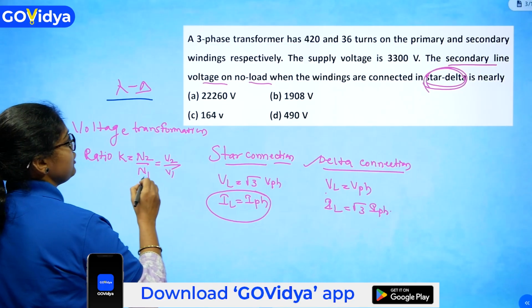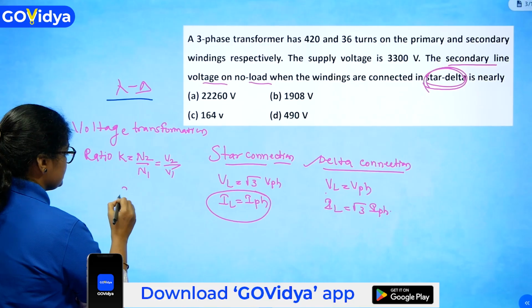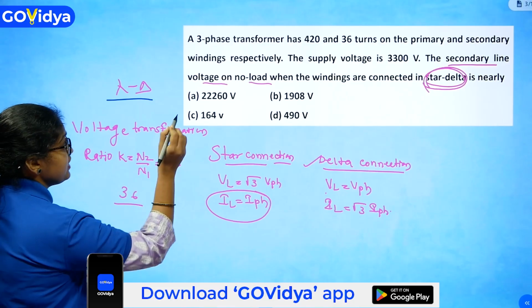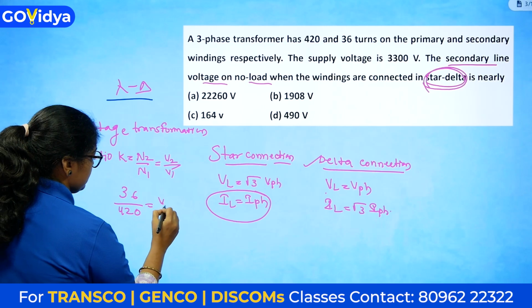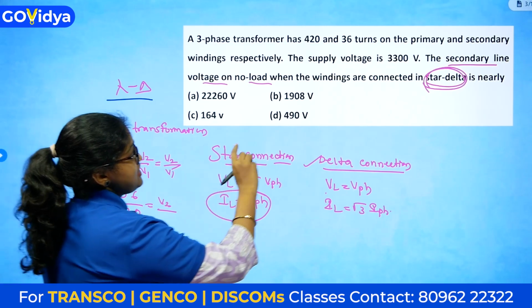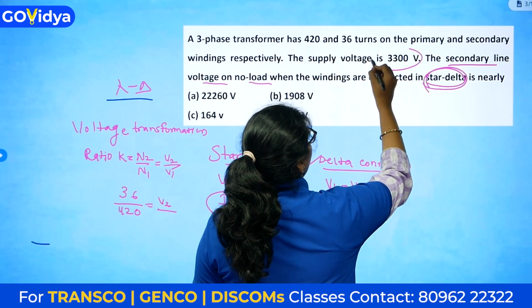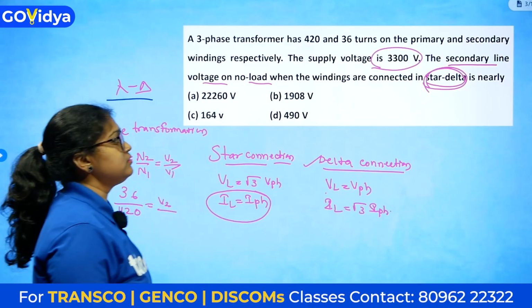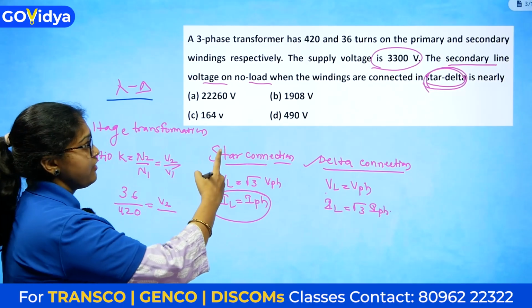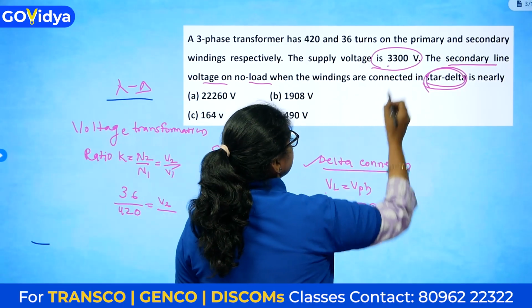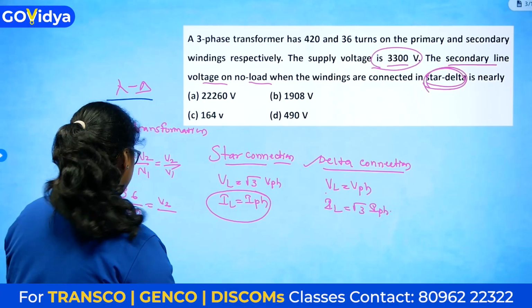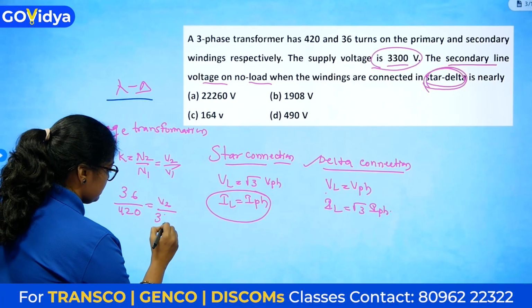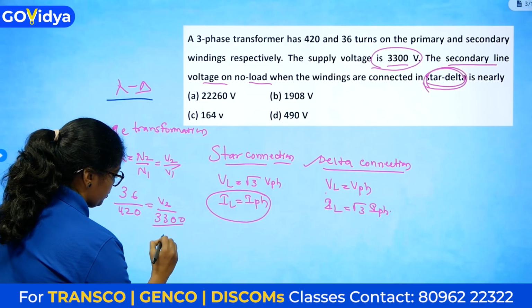We know the value of N2 is 36 turns and N1 is 420 turns, equal to V2 by the supply voltage. In the primary, they have given the supply voltage as 3300, which is nothing but the line voltage. Let's convert it into the phase voltage. So we will do 3300 by root 3.